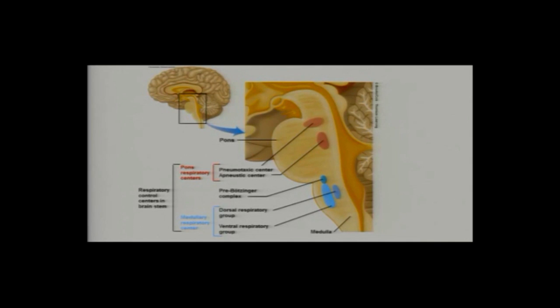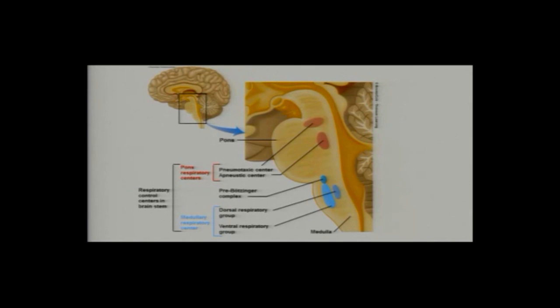Now, the metabolic feedback that's coming in, and we're going to talk about this, comes in three forms: the PO2 of blood, the PCO2 of blood, and the pH of blood. Those are the three pieces of information your brain is constantly getting that helps adjust breathing.